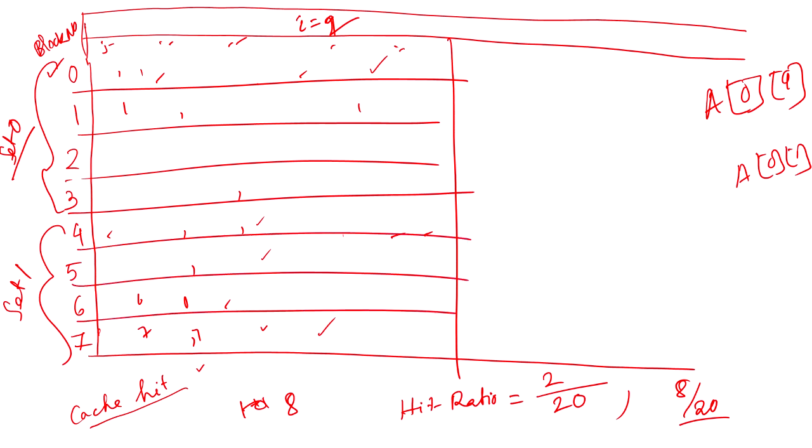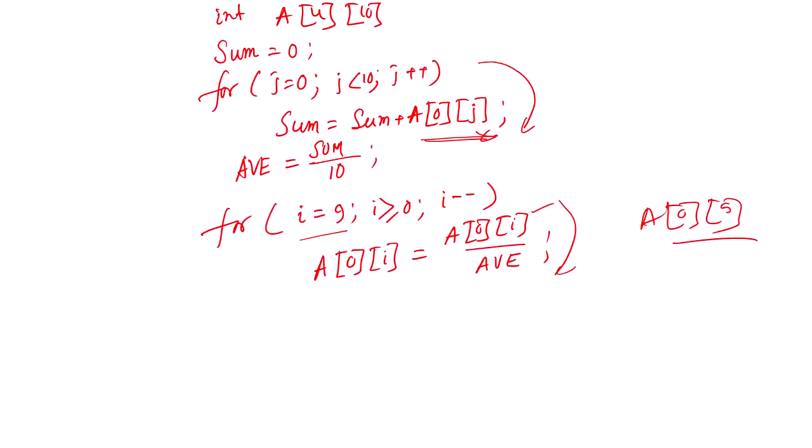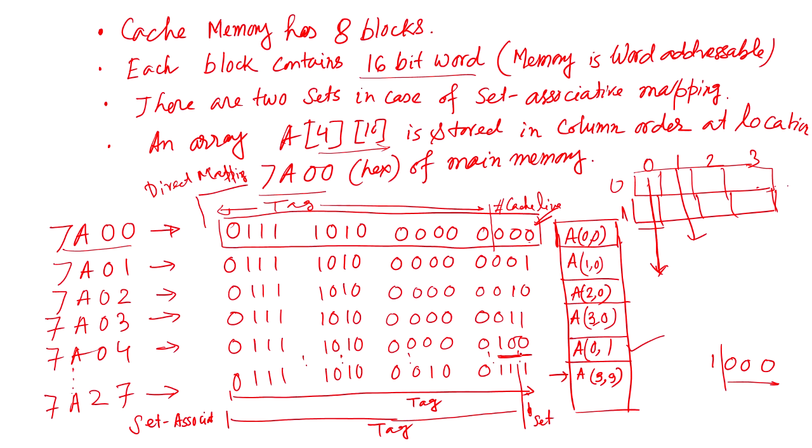Okay. So, the value of j is 0. You can place it anywhere, because in set associative mapping, first you identify set 0 and then you keep it in any block under set 0. So, you can keep A00. Okay. Next is A01. A01, where will it be mapped, set 0 or 1? Where is 01 in the main memory? 01 is 4, 8, where all are even numbers, least significant bit is 0.